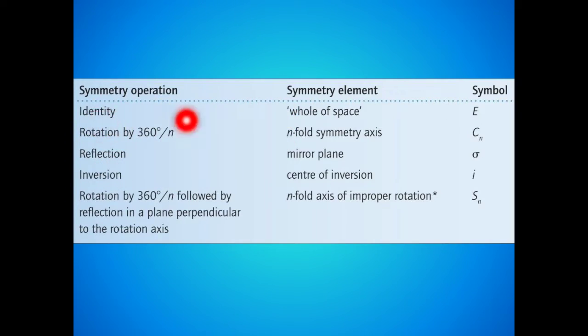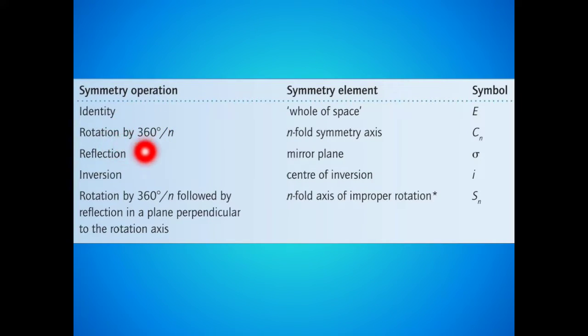The first one is called the whole of space. The name of the symmetry element is the whole of space, or the symmetry operation is called identity. It is denoted by the symbol capital E. We will study in the further slides what we mean by all these elements of symmetry. The second one is called the axis of symmetry, or also the n-fold symmetry axis, denoted by Cn, where we do a rotation of 360 by n, depending on the structure of the molecule.